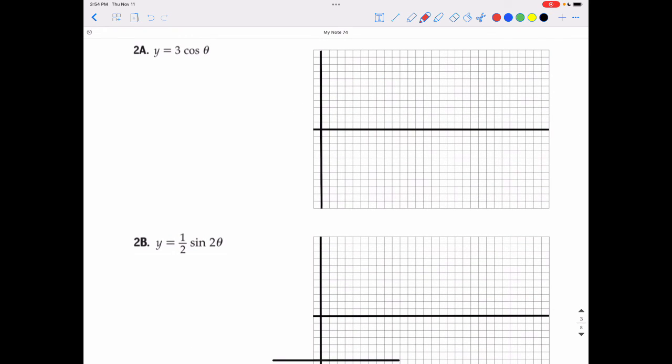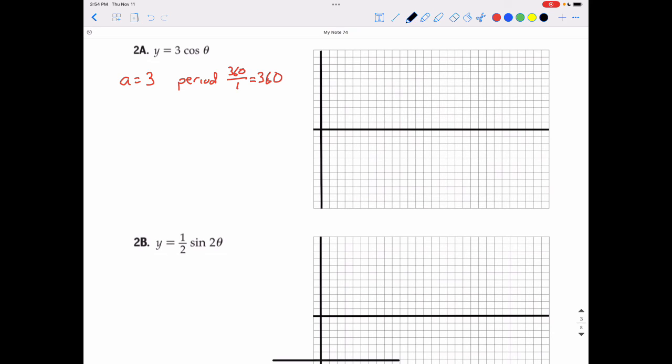Y equals 3 cosine theta. So this time our amplitude is 3, and our period will be 360 divided by the b value of 1, which equals 360. Notice on this graph I don't have any x or y intervals picked because you're going to have to try to figure out what would be a reasonable x or y interval.